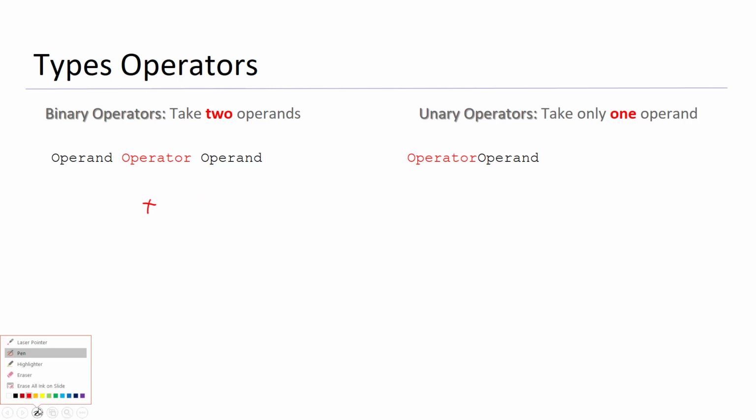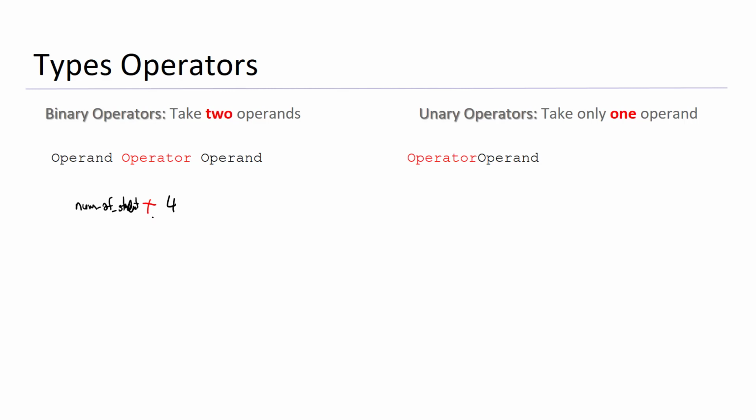For example, if I want to represent adding a number to a variable, let's say I have a variable called num of students, and I add to it, let's say, 4. So I take the number of students, which has some value, and I add the number 4 to that variable.